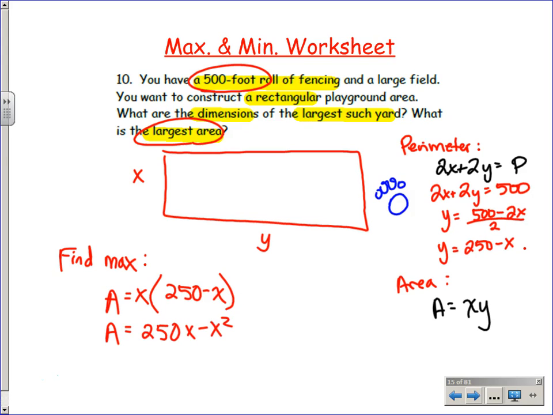Oh, it's a quadratic! Why is it on this worksheet? What's section 2.1 all about? Quadratics. So how on earth should I be able to find the max? Do you guys want to do negative b over 2a, or do you want to complete the square? Either way will work.